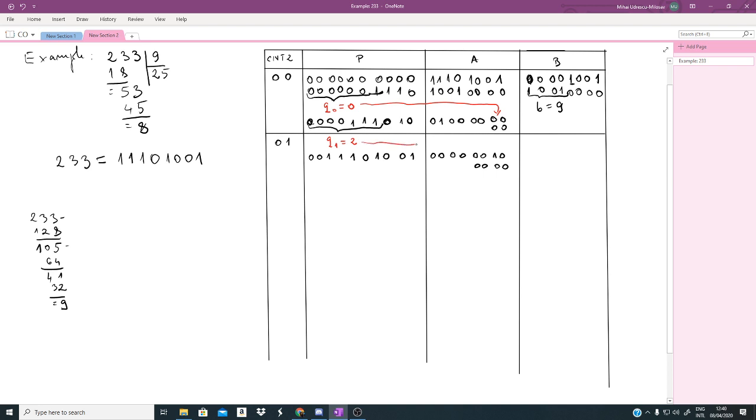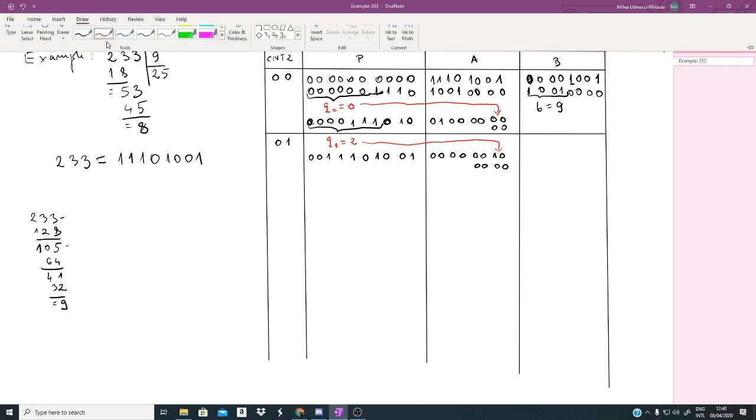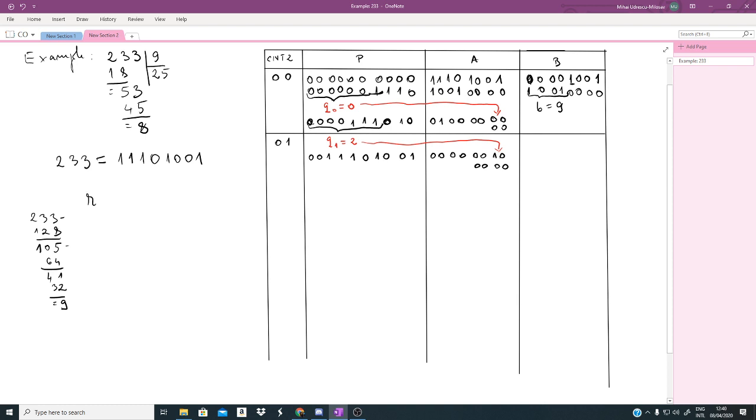This is the code for 2 over here. And because my equation is this, when Qi is 2, it means that I have Ri plus 1 is 4Ri minus 2b. So I'll have to subtract 2b.